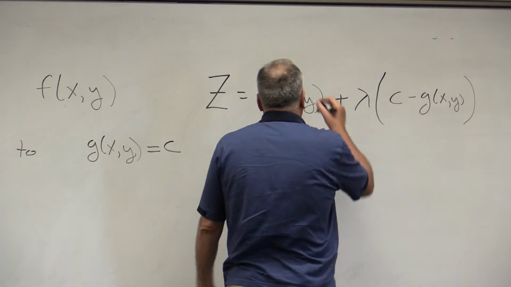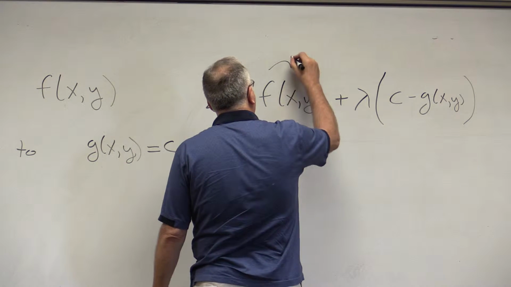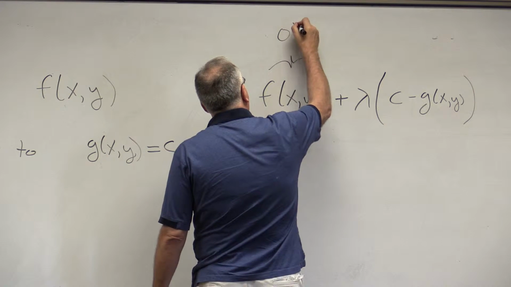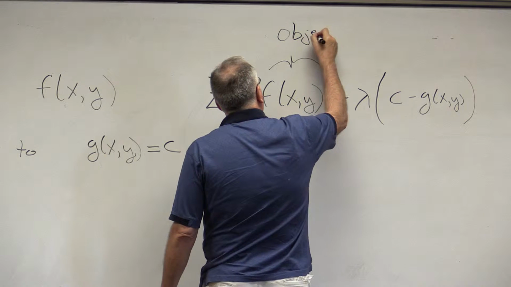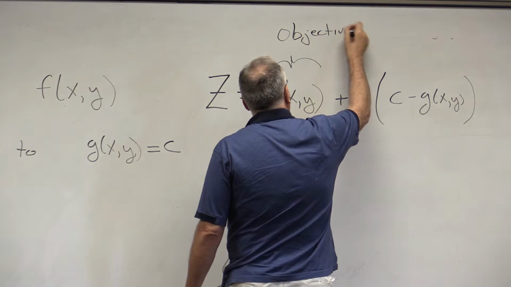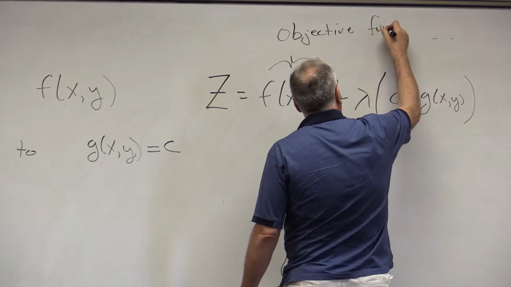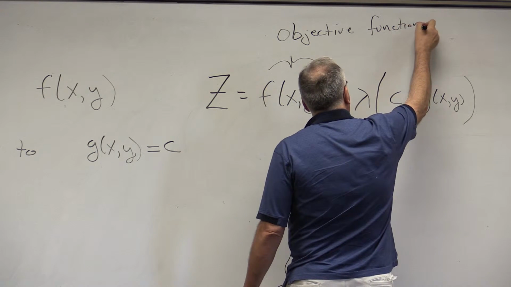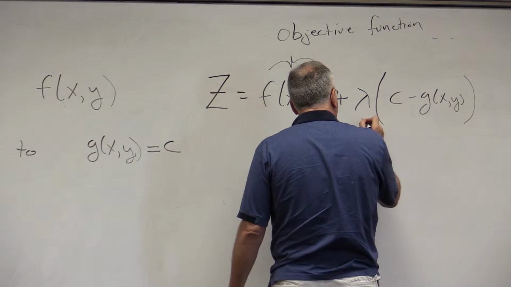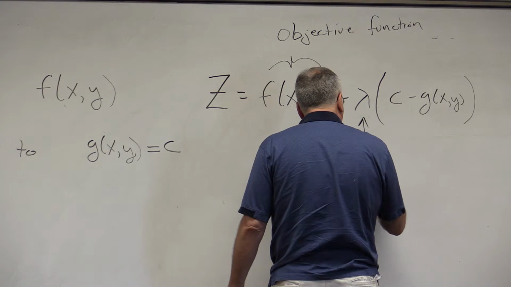This is the objective function. This thing right here is called the Lagrange multiplier.